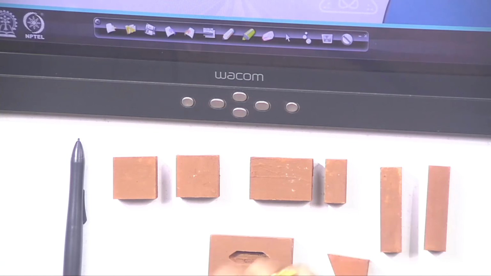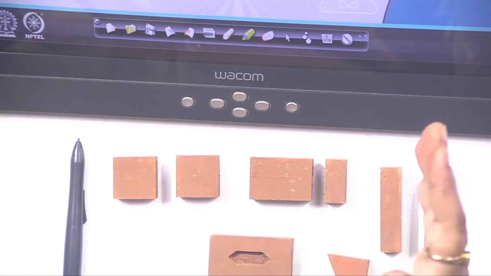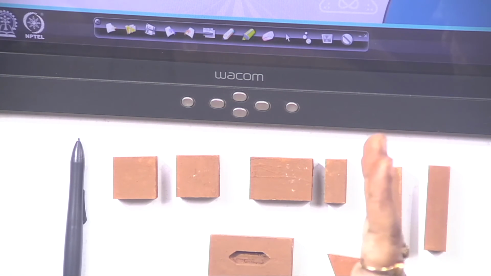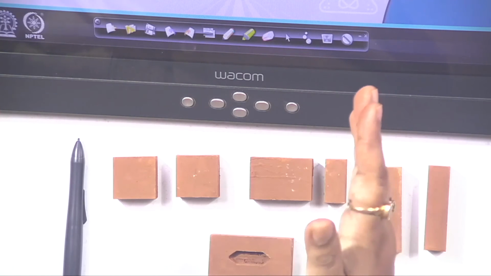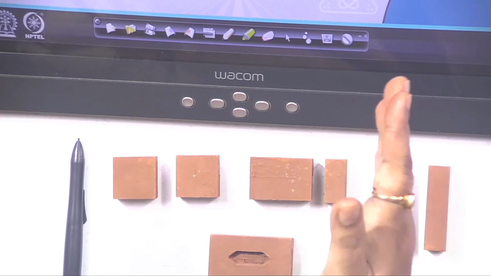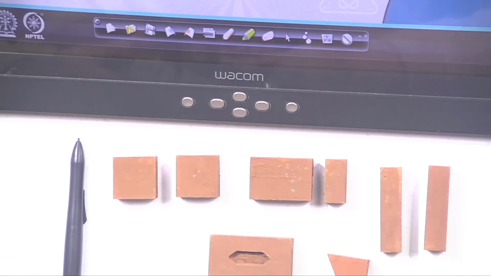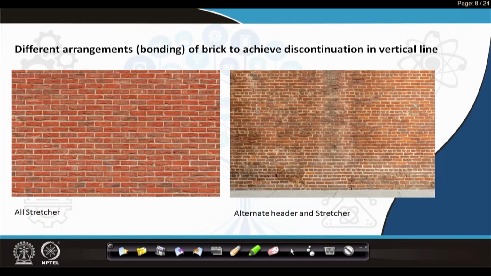So, brick thickness becomes more and more if it is a load bearing structure at the base or the lower floors, and it gradually tapers up, because the load at the base it has to withstand is the maximum.